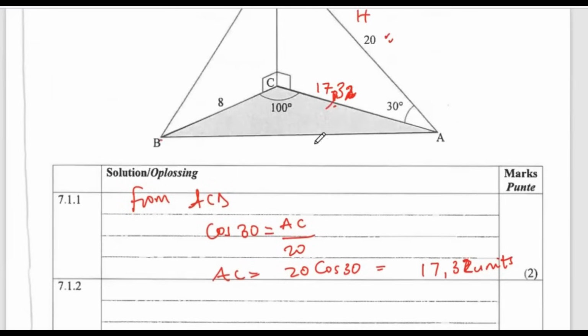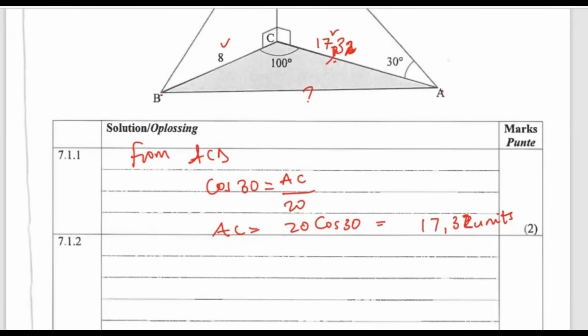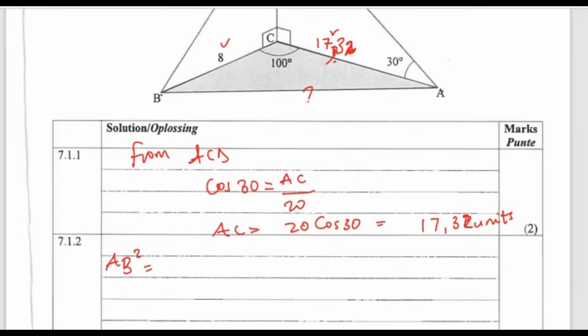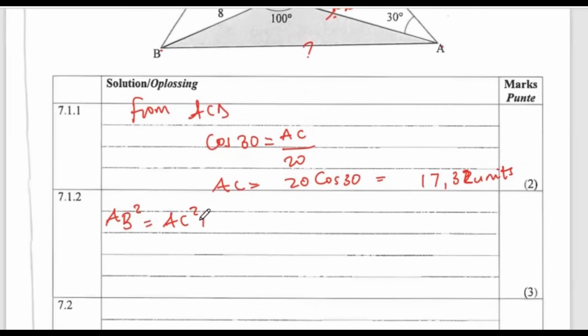For me to get my AB, I need to use the bottom triangle. Which rule am I going to use? Let me use the cosine rule since I have two sides. I'm going to say that AB squared is the same as AC squared plus BC squared minus twice AC times BC times cos of BCA, or ACB.